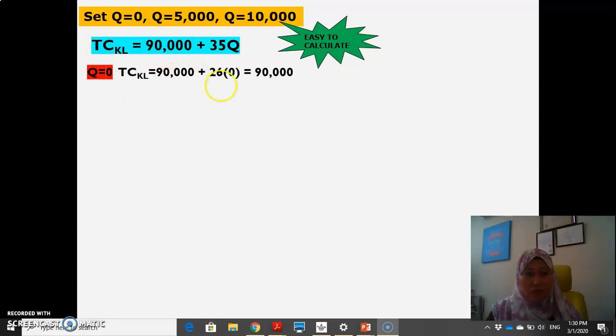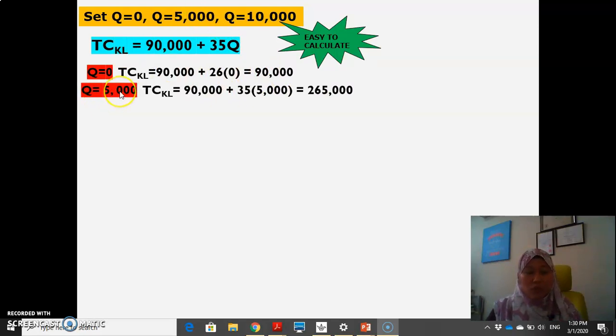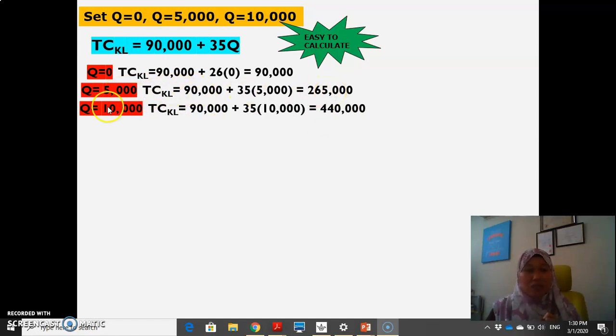First, with Q equal to 0, just plug it into the equation and we get 90,000. Then for Q 5,000, plug into the equation, you get 265,000. And the third one, when Q is 10,000, the total cost is 440,000.